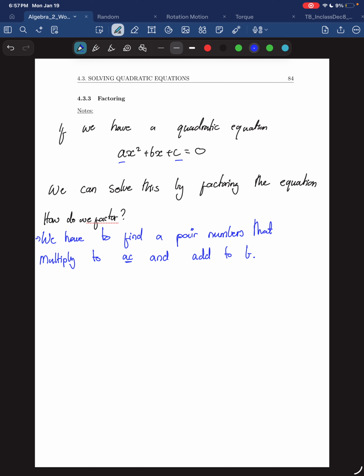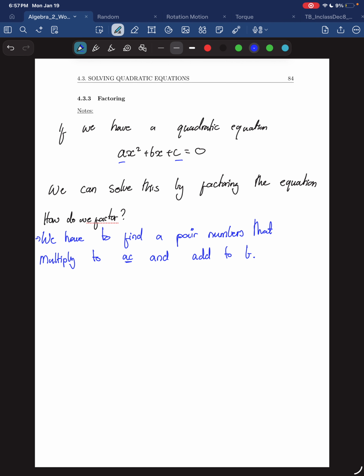Those same two numbers you find that multiply to what A and C would multiply to, those numbers should add up as well to B. That's basically it. It's a confusing statement, but I hope we'll get our heads wrapped around it by the end of class time tomorrow.